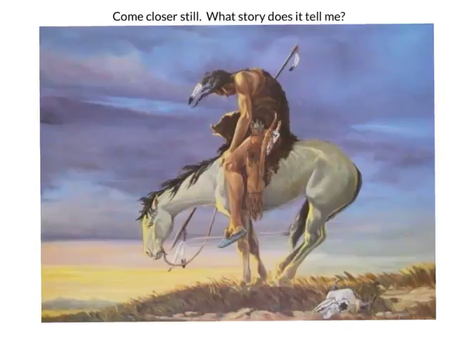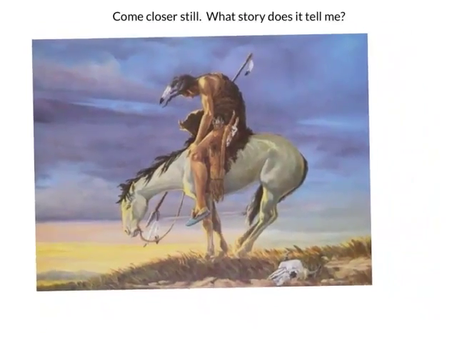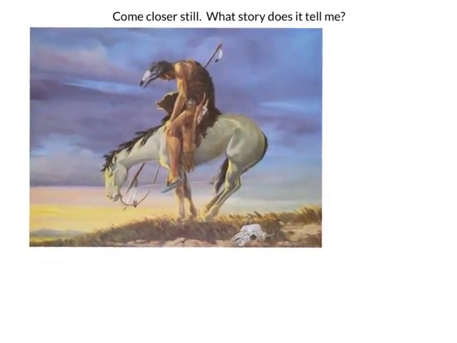Now we're ready for our third close reading. So come closer still, and let's figure out, what story does this picture tell me? We're going to use the evidence from our first two readings to help us create the story for this picture.